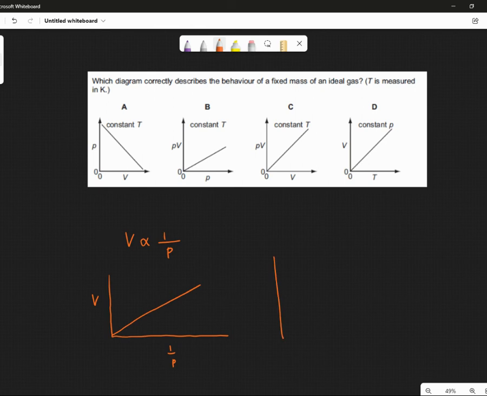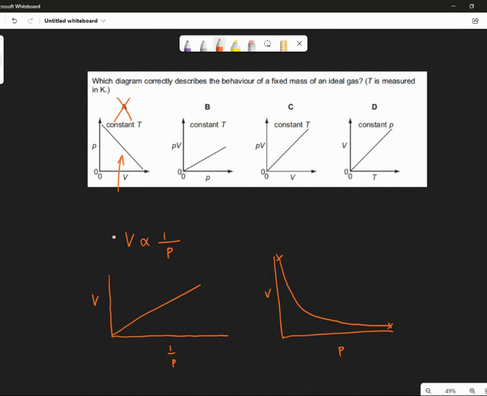It's P against V. If I plotted volume against pressure, at very low pressures you would have a high volume, and at very high pressures you would have a very low volume. So the graph would actually look like this, but it would never come to zero. It's not going to be a straight line as this says. So it looks kind of good, but it's not good. Are we okay with A? So the answer is not A.